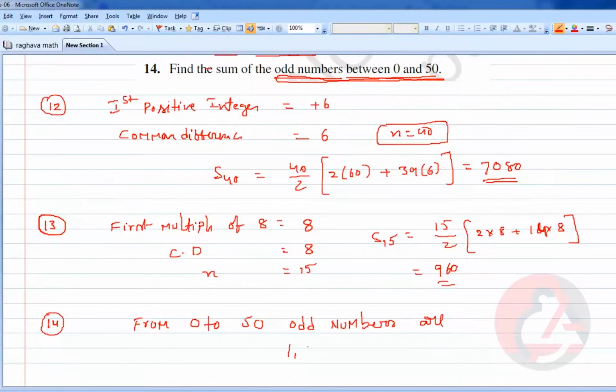Next odd number? 3. And so on. What is the last odd number? 49.